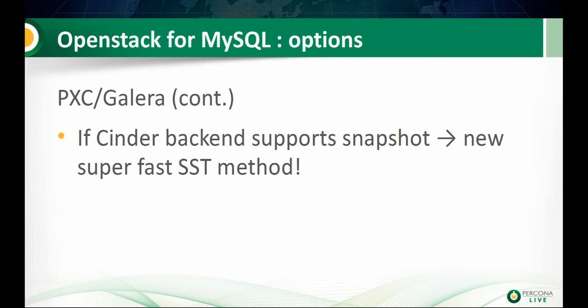And if you're on Ceph and your data set is all mounted on a specific Ceph volume controlled by Cinder, you could ask for a snapshot. So basically you freeze your writes, save your transaction position and all that, the same way as XtraDB Cluster does, start the snapshot, release the writes, and mount the snapshot directly on the receiver.